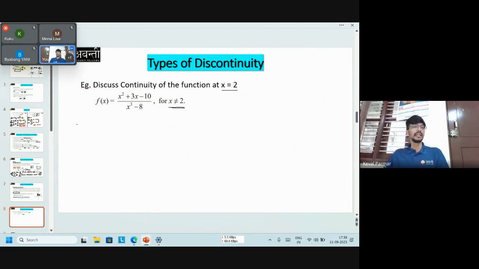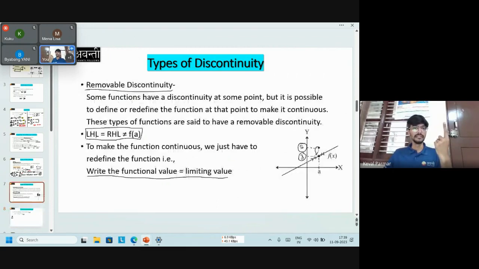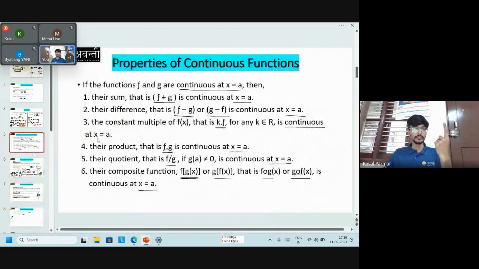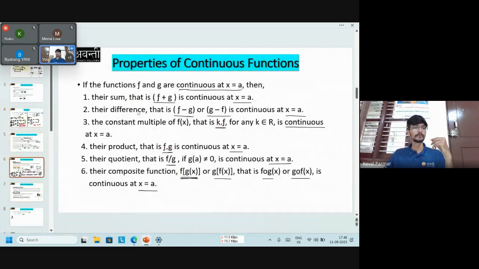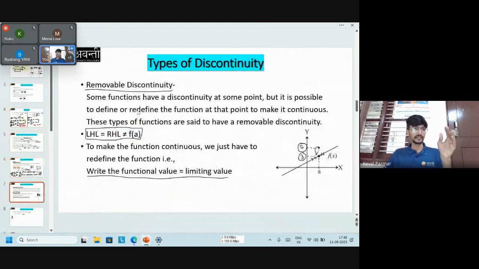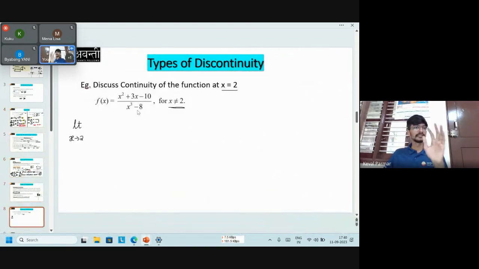Let us check the limiting value, x tends to 2. Here there is no need to check LHL and RHL because we have only one definition. In the earlier examples we had two definitions, but when the function has only one definition, there is no need to check LHL and RHL.